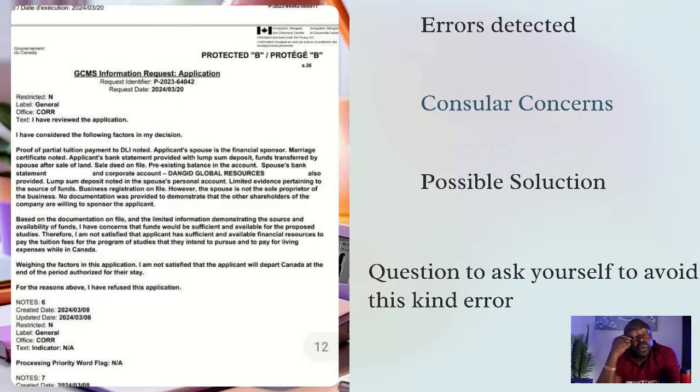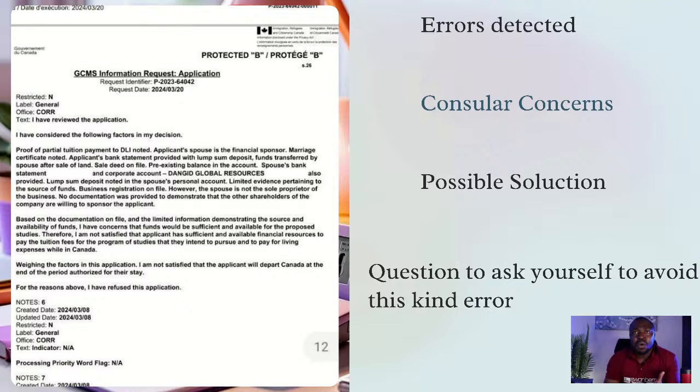Now, for example, what they normally say at the end of each GCMS note, you look at it, they say, weighing the factors in this application, I am not satisfied that the applicant will depart Canada. So now you should understand what they are trained to do: they are trained to assess documents on the balance of probability.